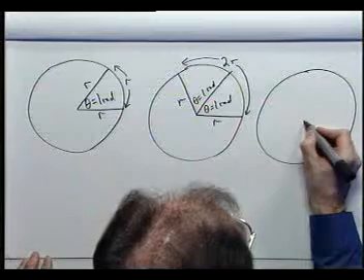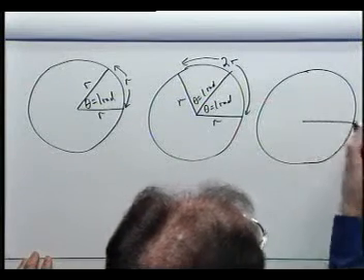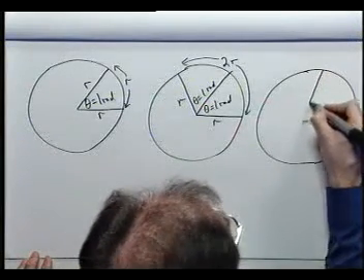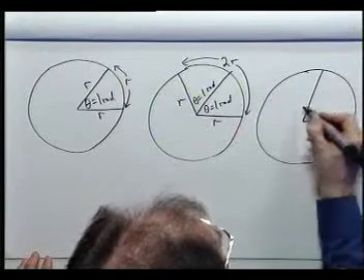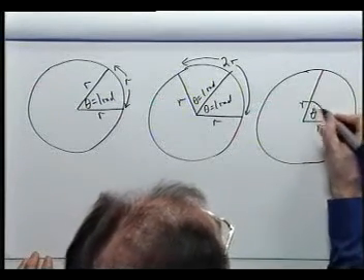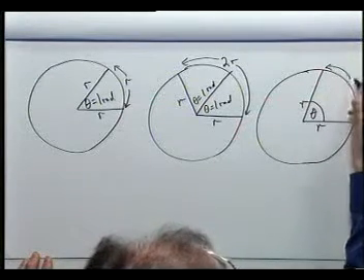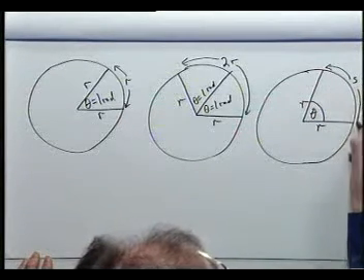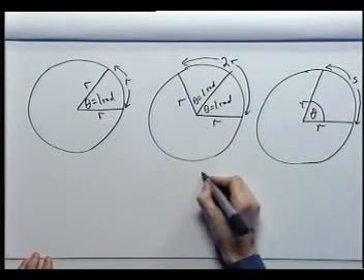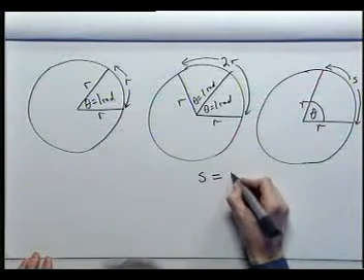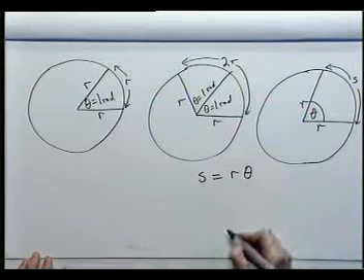And so that gives us a general formula. That if we have any angle theta subtended at the centre of the circle, then the arc length s around there is given by s equals r theta.